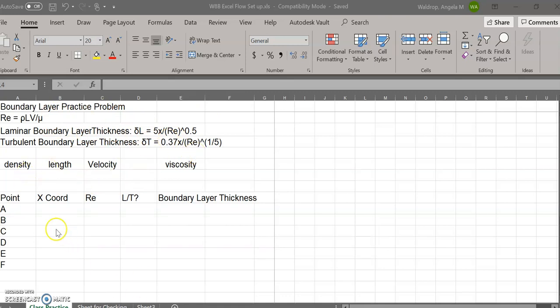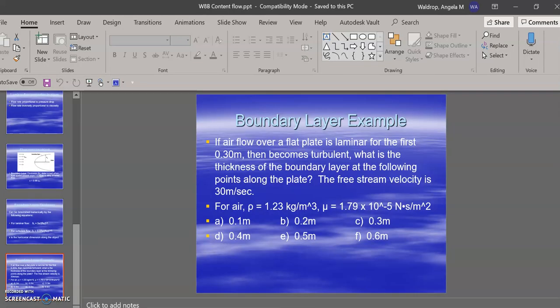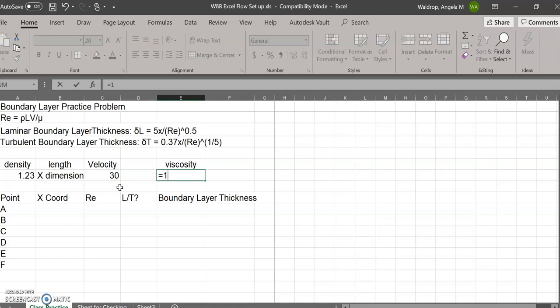For my density, I'm going to put in the value that I looked up, and that's going to be 1.23. For my length, that's the x dimension, so I'm just going to type that in. My velocity in my example is going to be 30 meters per second, so I'll type in 30. And my viscosity that I looked up is 1.79 times 10 to the negative fifth.